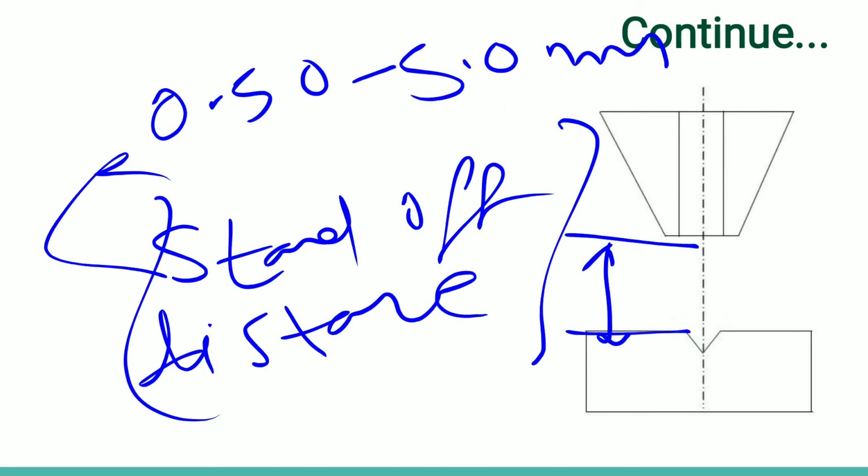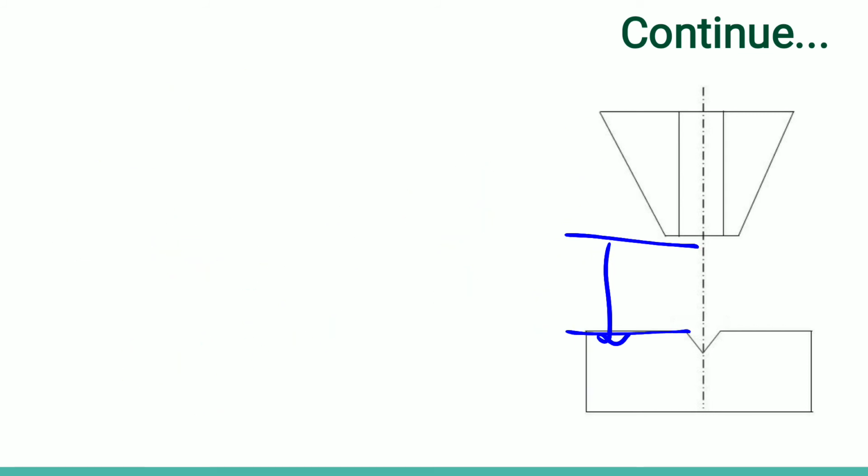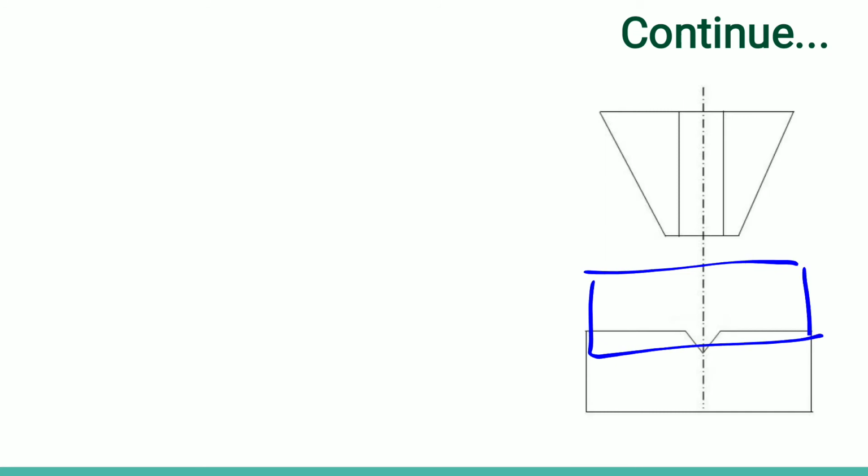Why is it important? Because we are using abrasive particles. If we have the workpiece over here and we assume that this standoff distance is lesser than 0.5, it can be 0.2 or 0.3.